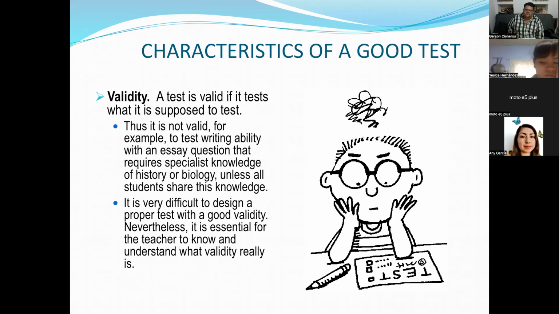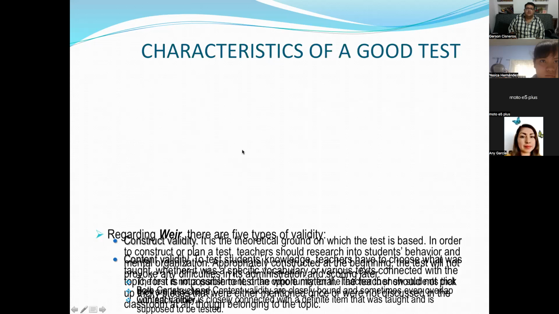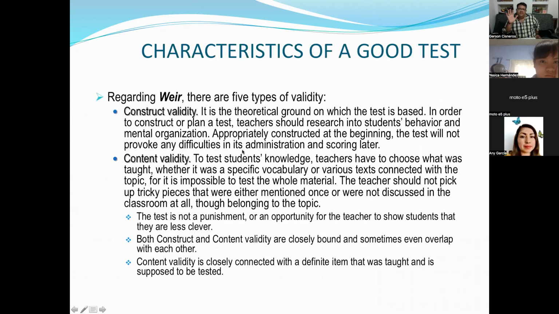It is difficult to design a proper test with a good validity. Nevertheless, it is essential for the teacher to know and understand what validity really is. We're going to discuss that. So there are 5 types of validity, okay? Number 1, the construct validity is the theoretical ground on which the test is based.